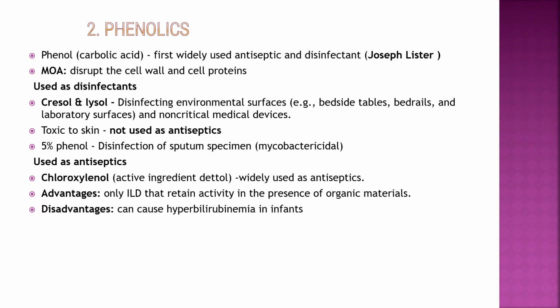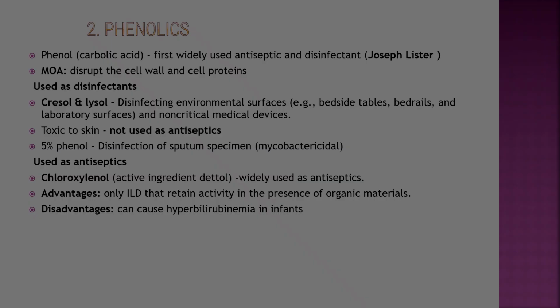It is toxic to skin, so not used as an antiseptic. 5% phenol can be used for disinfection of sputum specimens as a mycobactericidal. Used as an antiseptic, it is chloroxylenol, the active ingredient of Dettol, widely used as an antiseptic. Advantages: it is active in organic matter.